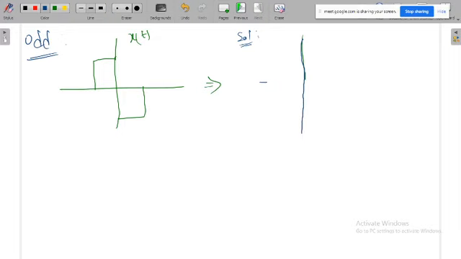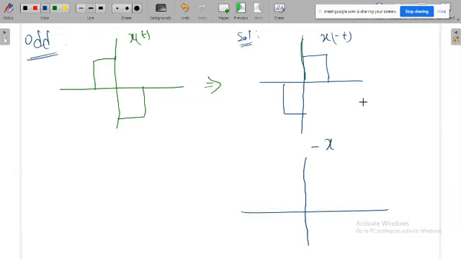Now the diagram will be like this. We are in the intermediate step. For x of -t, there is no relation between x of t and x of -t. So I will apply amplitude reversal to this intermediate diagram, multiplying it with minus.